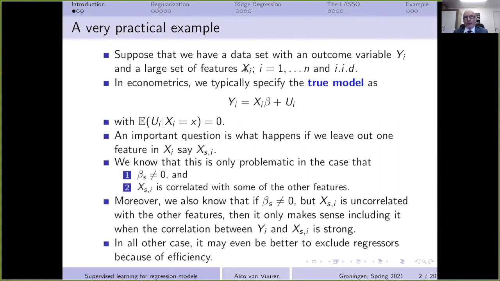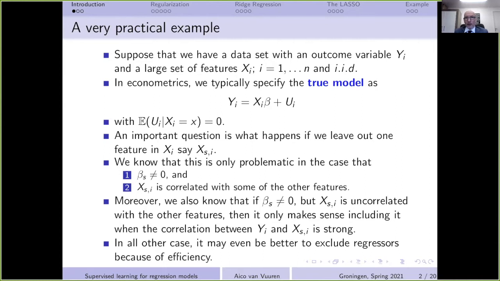Then we estimate all kinds of different regressions, and after that we choose that particular model that gives us the lowest cross-validation risk, or the lowest validation risk at the moment that we look at a validation sample.